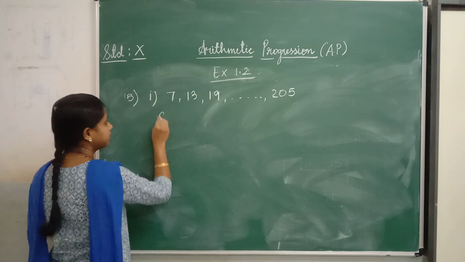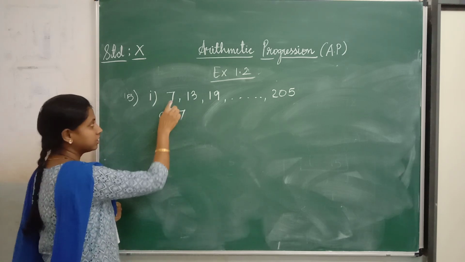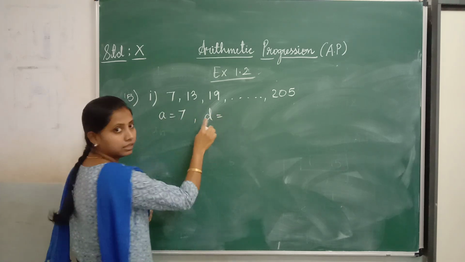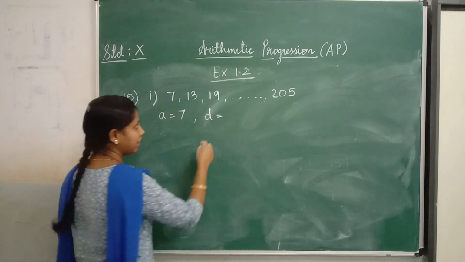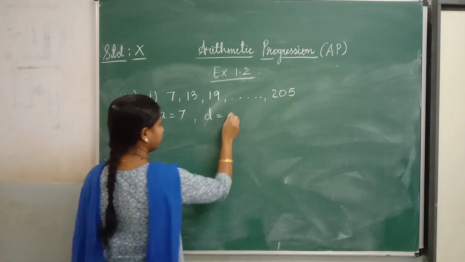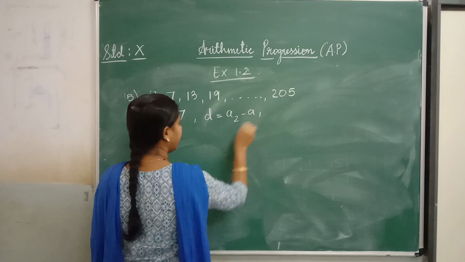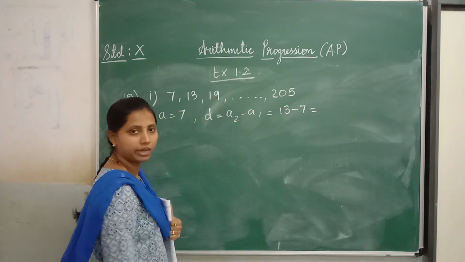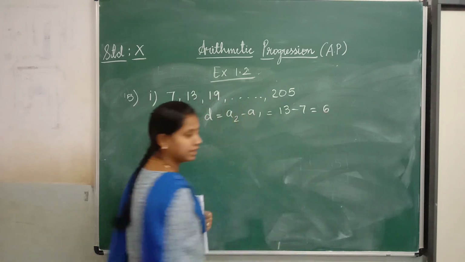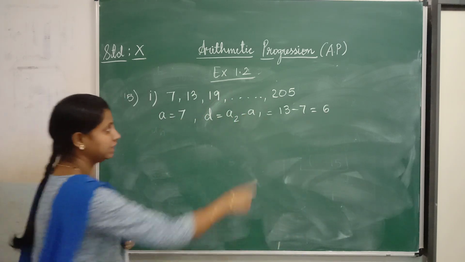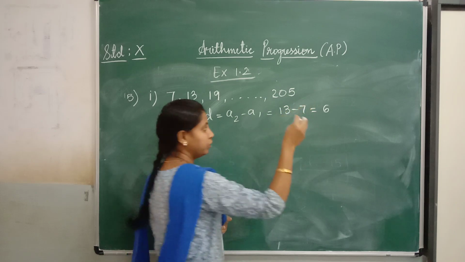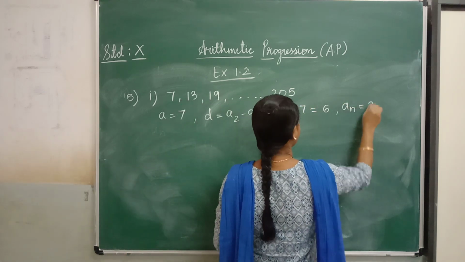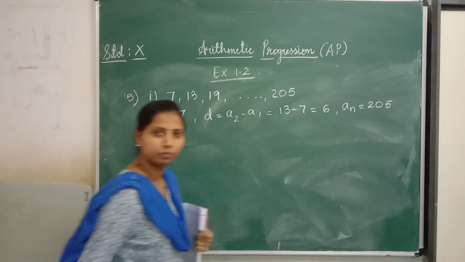So write the given things. A is 7, first term. D, difference. How to find difference? A2 minus A1, A3 minus A2. Anyway you can find. A2 minus A1, that is 13 minus 7. 13 minus 7 is nothing but 6. And this you take as last term. You have to take it as an, 205.